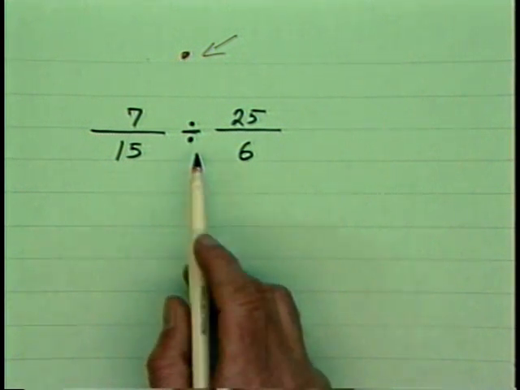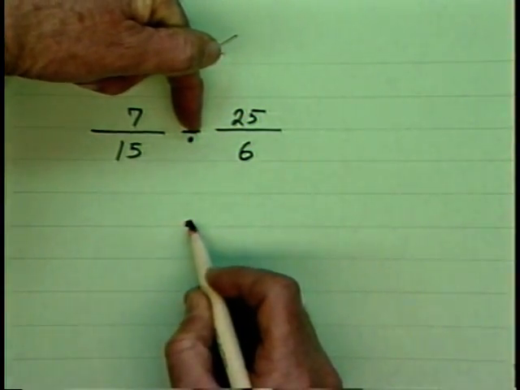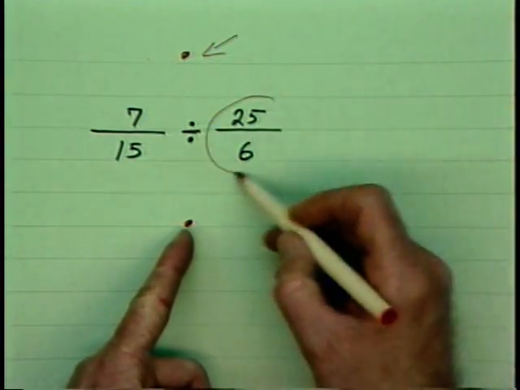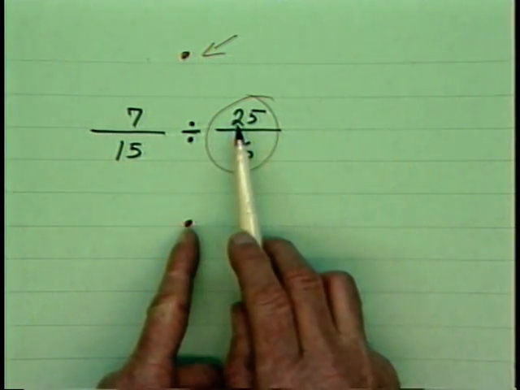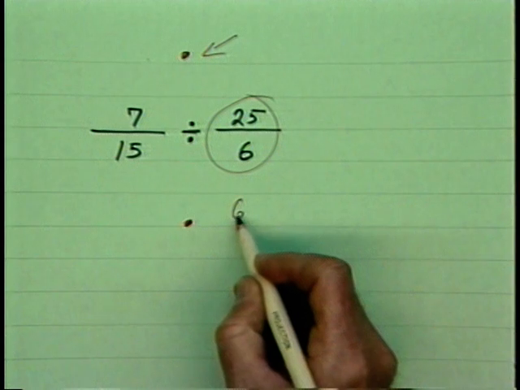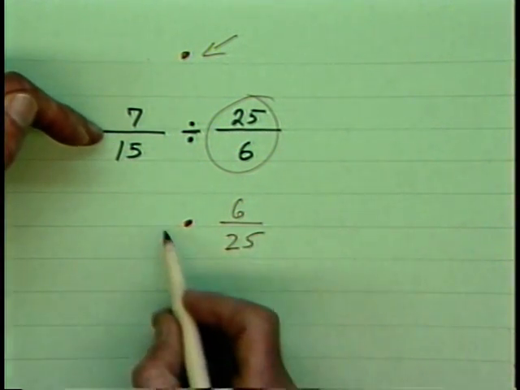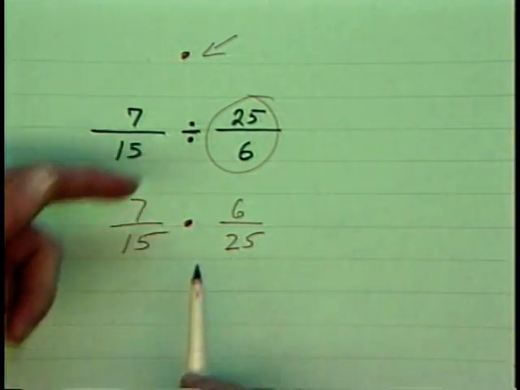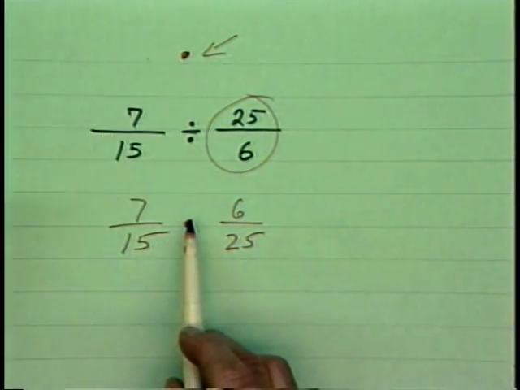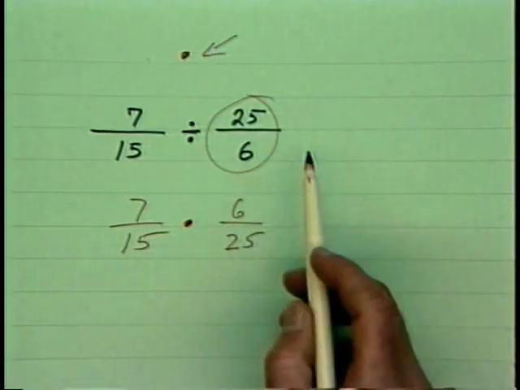But we recall that division is nothing more than multiplication by the reciprocal of the divisor, which is that number which follows the division. And of course, this number, the first one, stays the same. So division is multiplication by the reciprocal of the divisor.